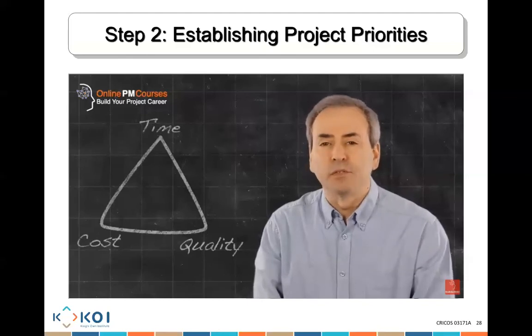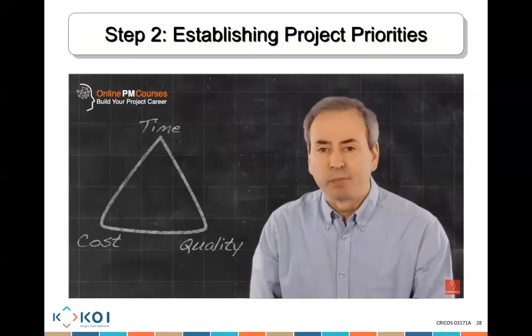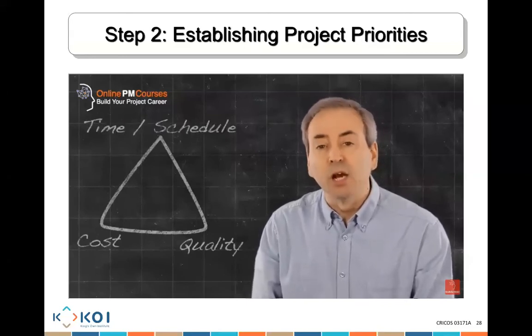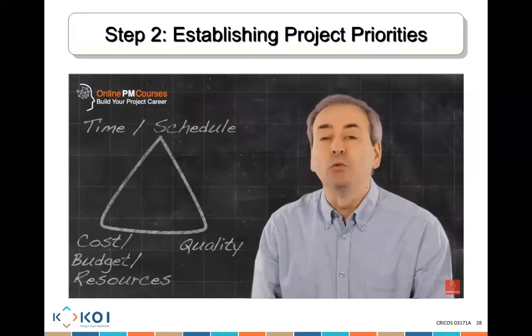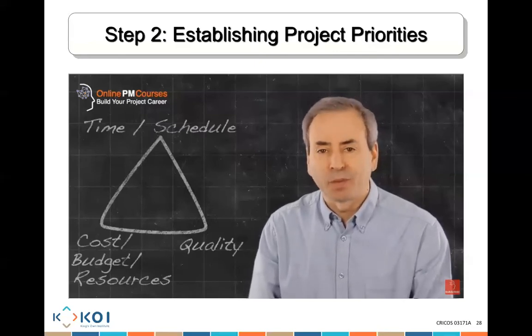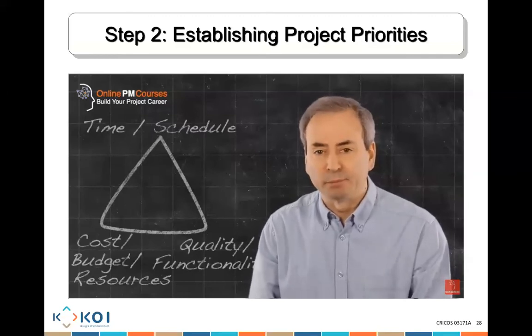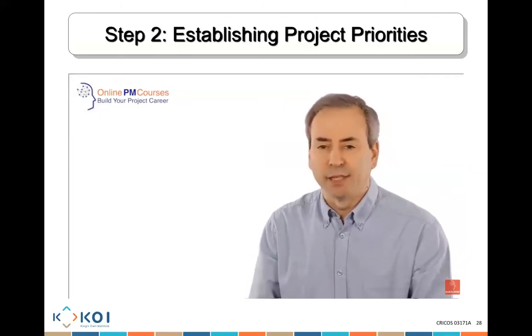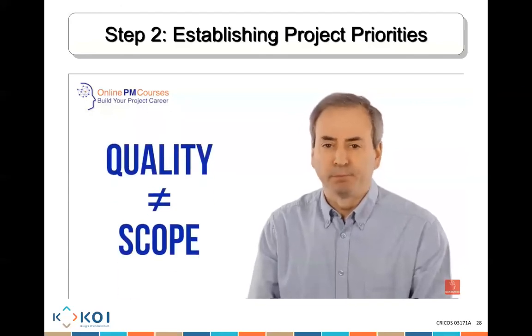The 3 corners of the iron triangle are, firstly, time or schedule. Secondly, cost or budget or resources, because of course all resources have to be paid for. And the third corner is quality or functionality. I prefer to distinguish between the quality of what you produce and the range of functionality or the scope.